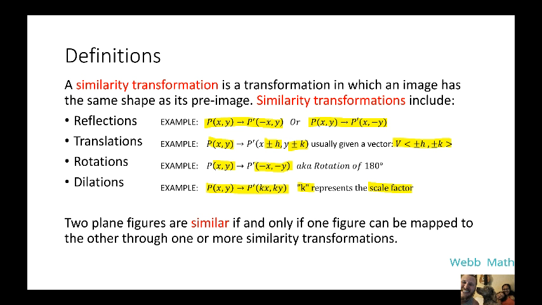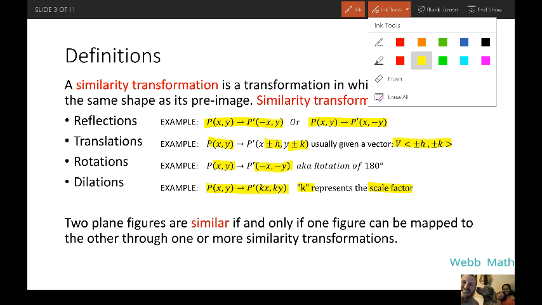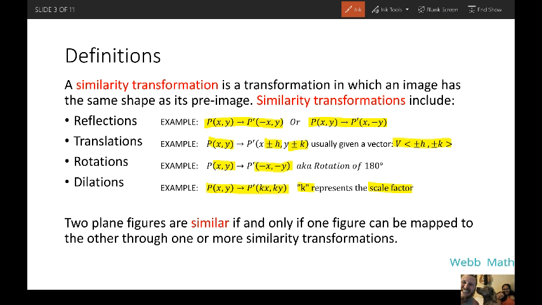I'll give you a quick example. If you're going to move or transform a triangle that has a height of 1 and a base of 2, if you translate it, reflect it, rotate it, or dilate it, it should have some kind of similar ratio to its distances.